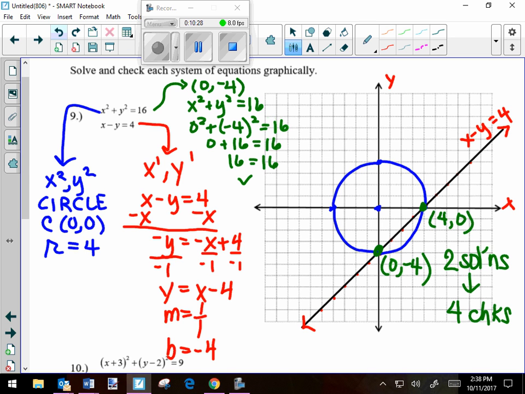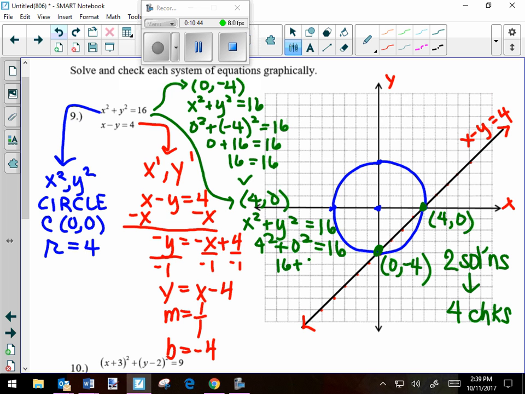That checks. But that same equation also needs to get checked with 4, 0. So x squared plus y squared equals 16. 4 squared plus 0 squared equals 16. 16 plus 0 equals 16. 16 equals 16. And that checks.